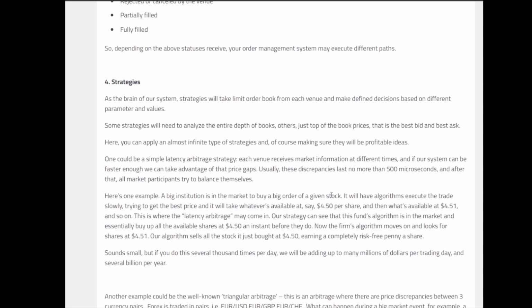Usually these discrepancies last no more than 500 microseconds, but we are operating at a very low level of latencies, and in that meantime we try to take advantage of that arbitrage. After those 500 microseconds, generally these things are balanced by the market participants.